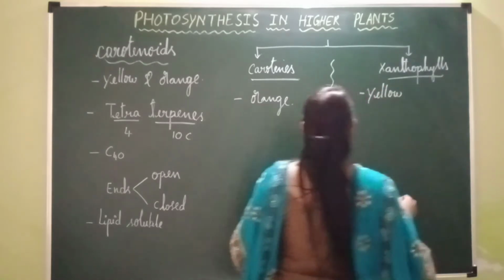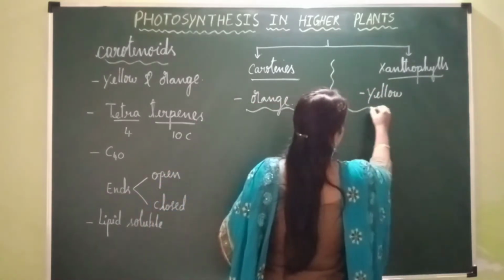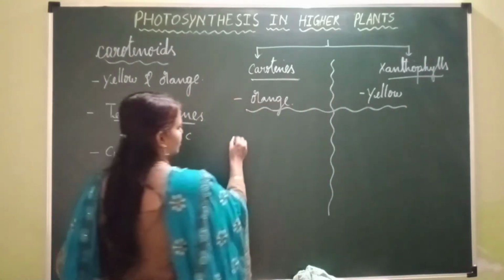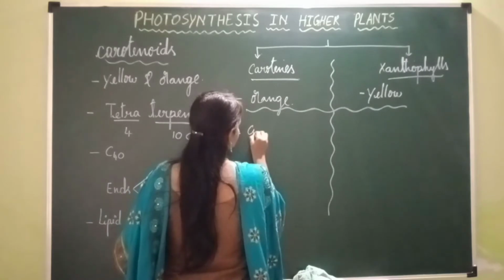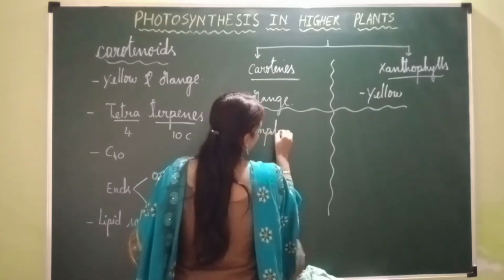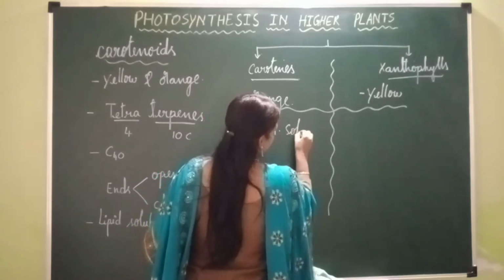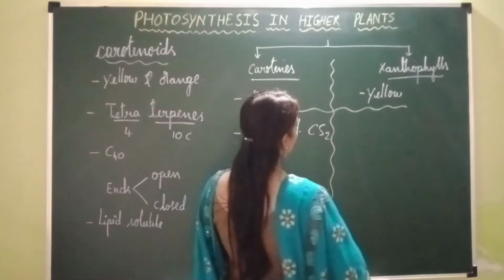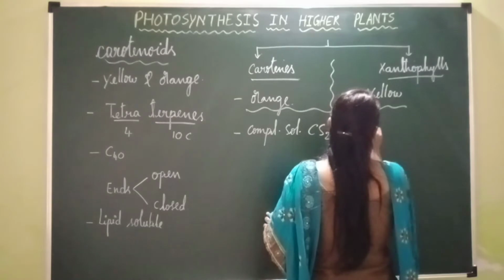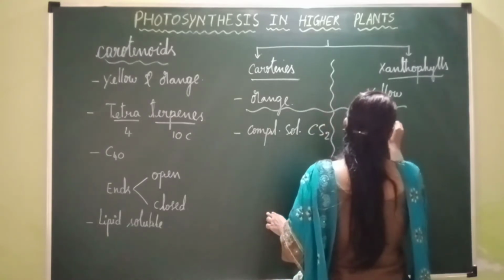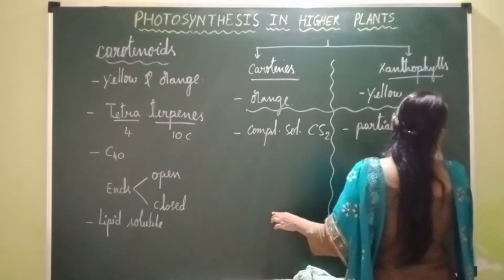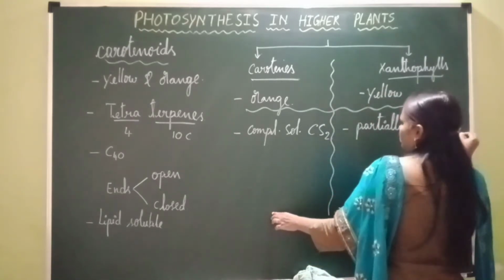Carotenes are completely soluble in carbon disulfide solution, whereas xanthophylls are partially soluble in carbon disulfide solution.